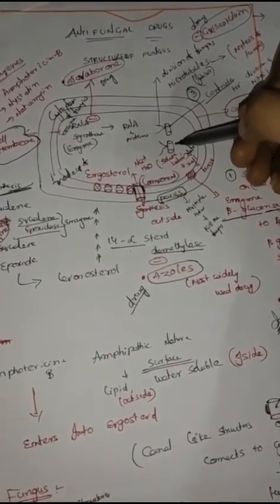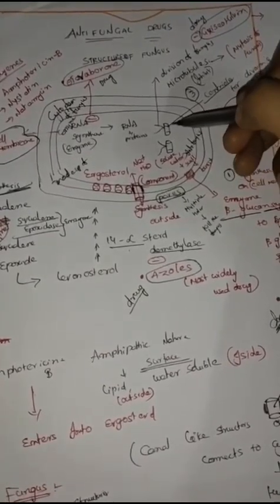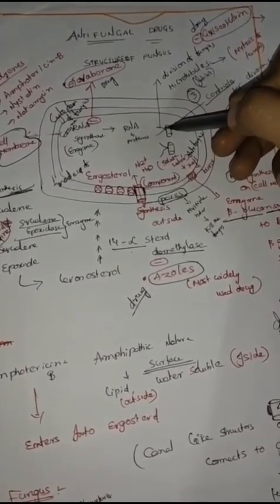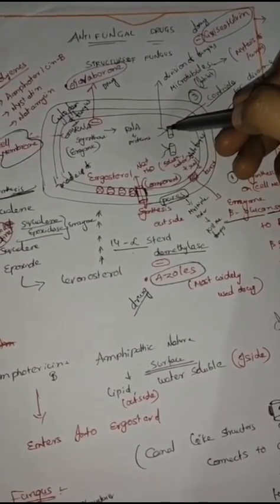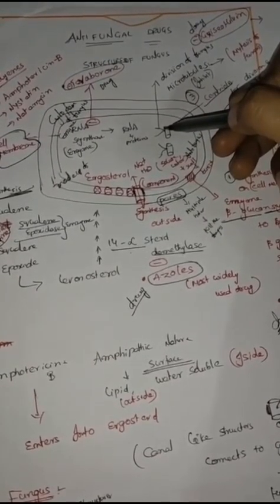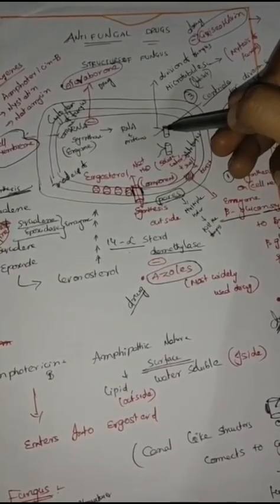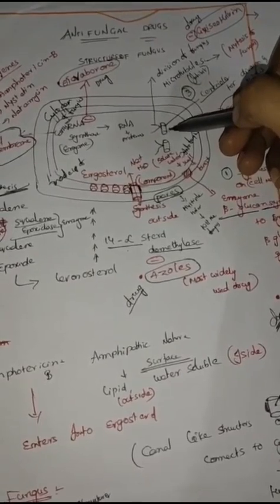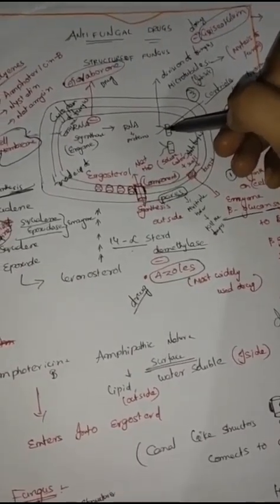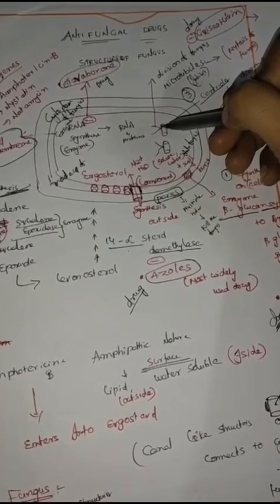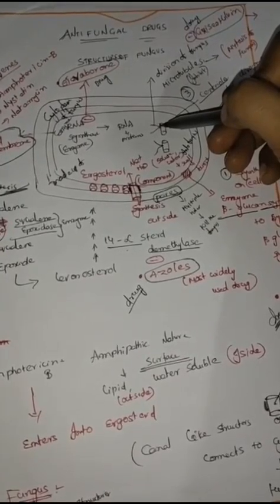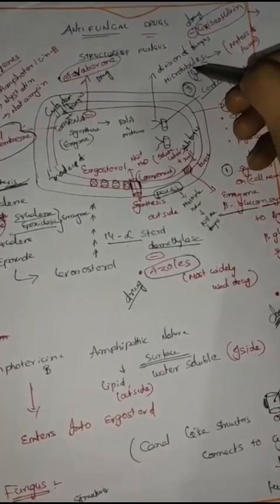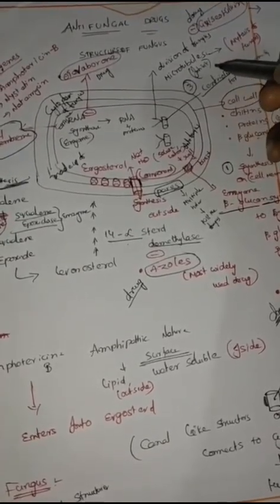The centrioles consist of thread-like structures called microtubules, and these microtubules help with the division and mitosis of the fungus.